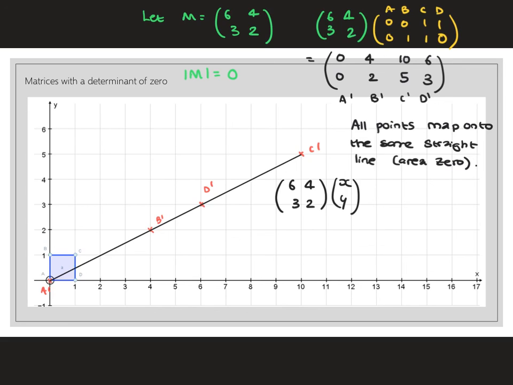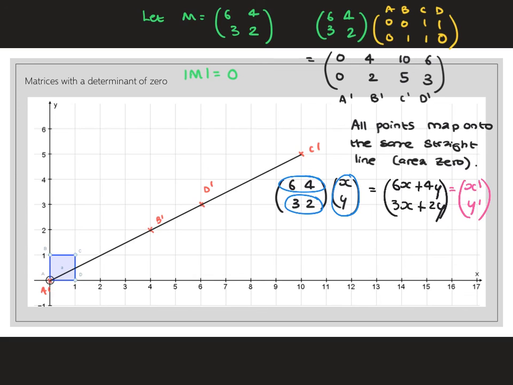Now, if I apply the matrix M to (x, y), what do I get? Well, let's do the matrix multiplication, and we find that we get 6x + 4y here, and then 3x + 2y here. Now, these are equal to the new x and the new y.